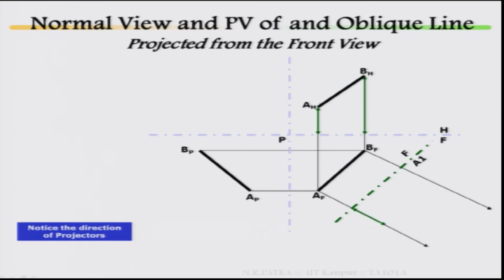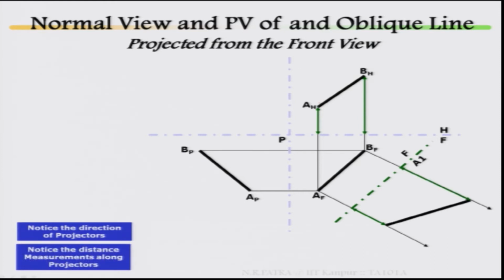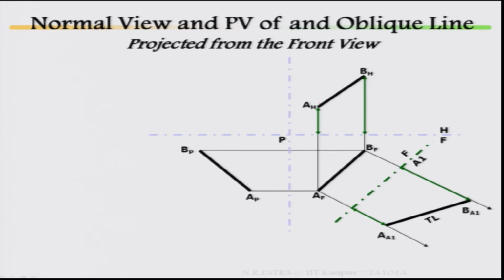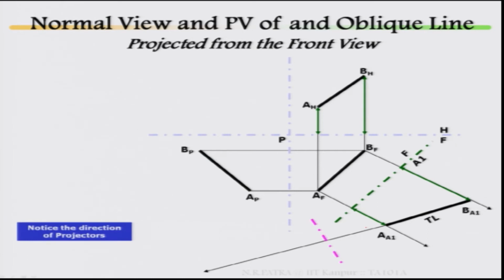To locate your points A and B, this point has been located, A and B, and this is your true length. Then from this true length draw a parallel line, then draw another projection, another auxiliary plane, that is your A2, and measure the distance from A1.